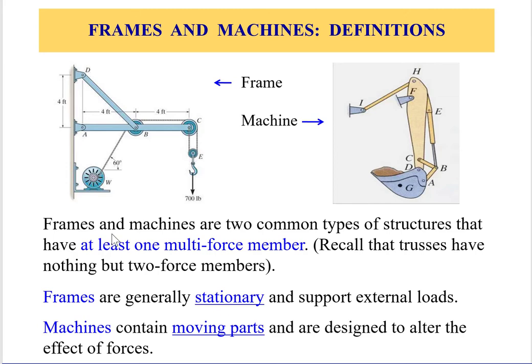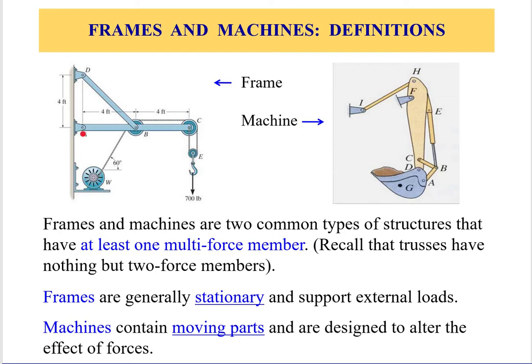Now, frames and machines are those structures that have at least one multi-force member. As an example of the frame to the left, you can see that this structure has a member DB. There are no forces in between, therefore we know the direction of the tension or compression, but we don't know the magnitude. Member AB, however, or AC, has some forces coming from the reaction force at B. This structure tends not to change its configuration.